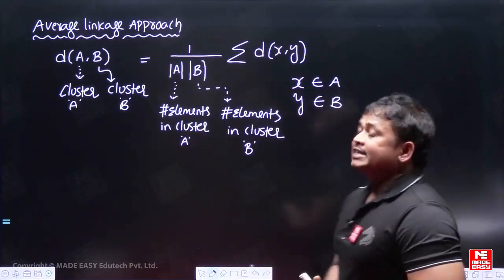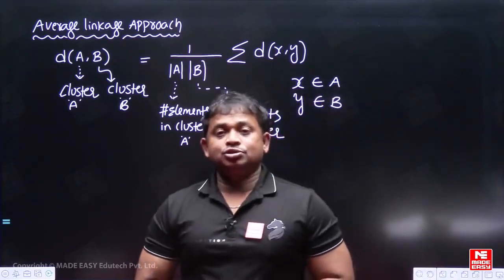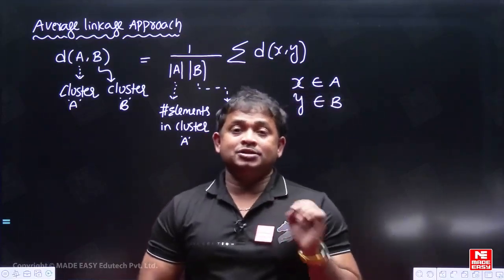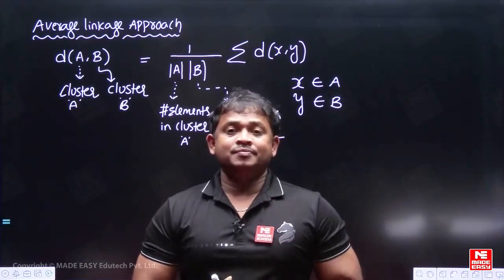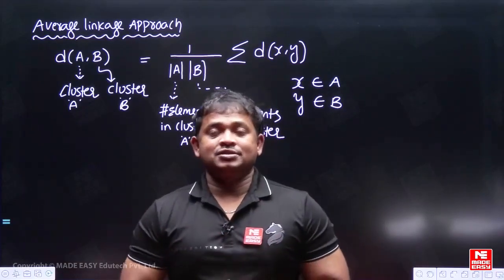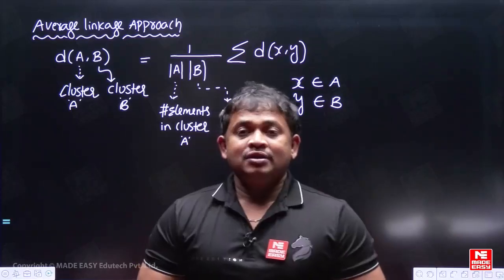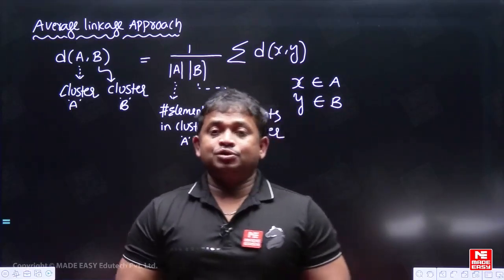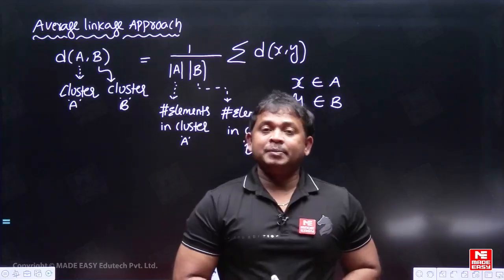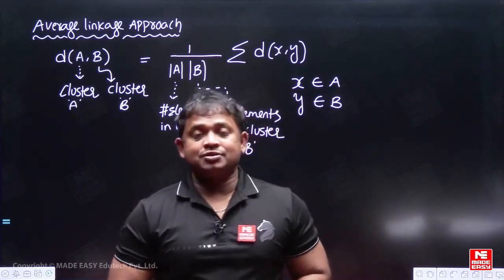In the single linkage approach, we are taking the minimum, the shortest distance among the pairs between the clusters. In the complete linkage approach, we are taking the longest distance between two points in each cluster.